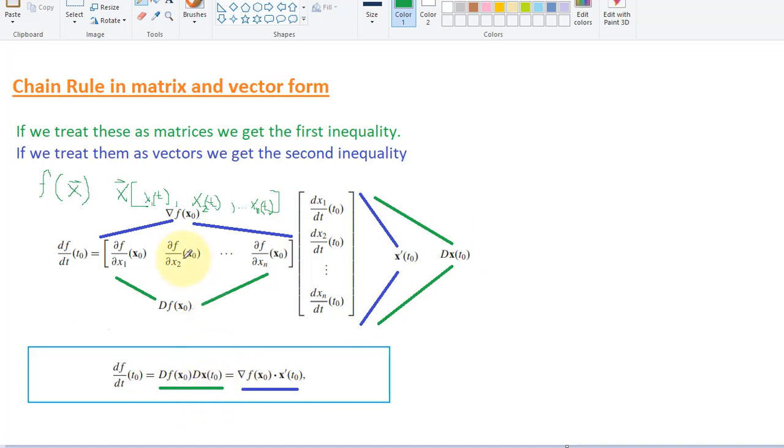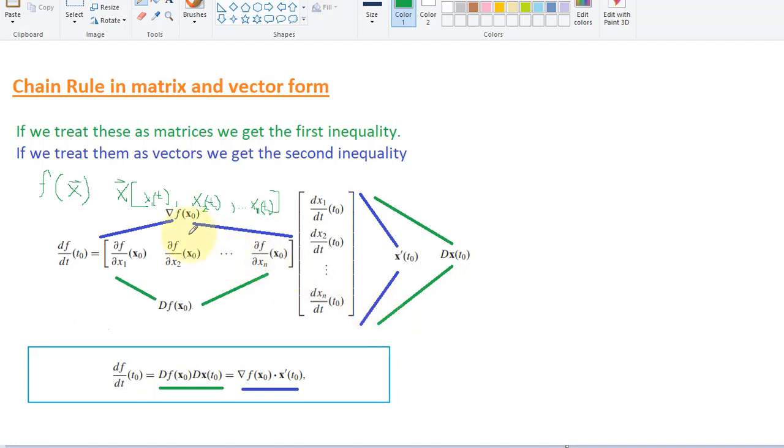And if we think of this, instead of as a matrix, as a vector, so then we're talking about this notation, the gradient of f, and we think of this as also a vector, the derivative of x with respect to t, so we have to talk about the derivative of each component of x, then we would say it's this thing times this thing, but then it's not matrix multiplication anymore, it's the dot product.